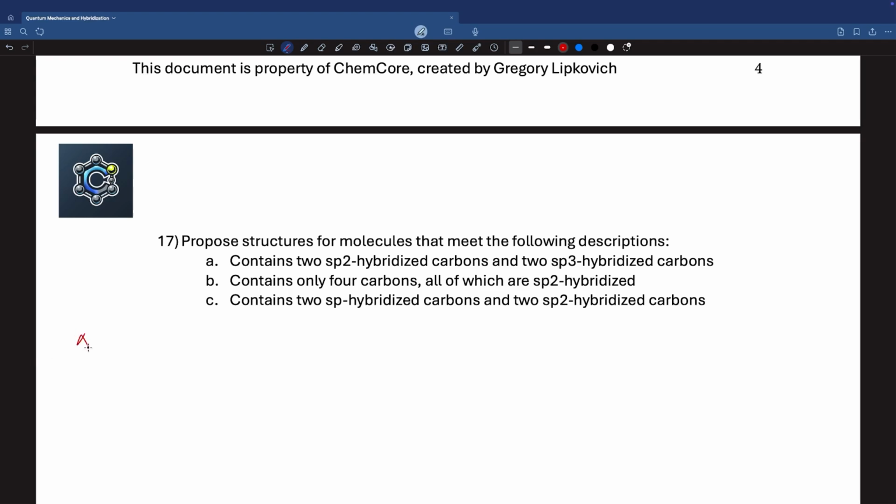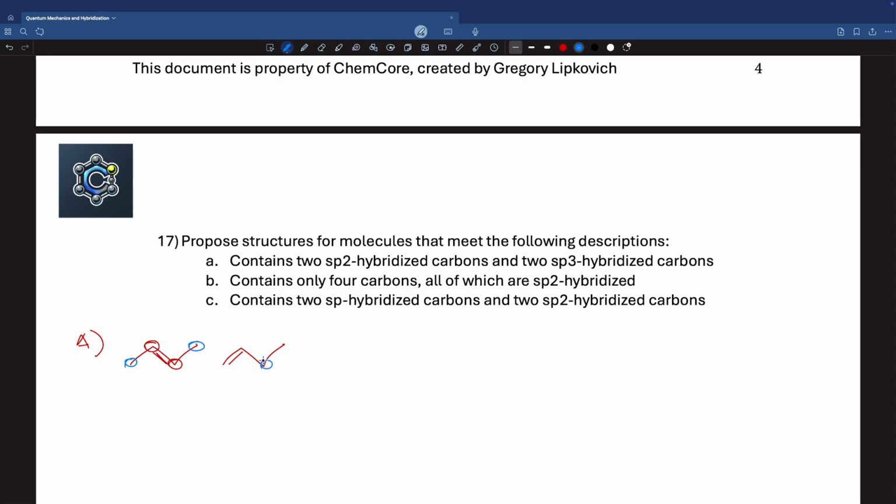We need 2 sp2 hybridized carbons and 2 sp3 hybridized carbons. And so the structure I drew actually looks like this. If you realize, these in blue are sp3 hybridized carbons, and these 2 carbons are sp2 hybridized. But we can actually just move this double bond, and it would work as well.